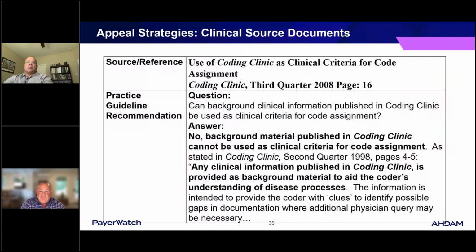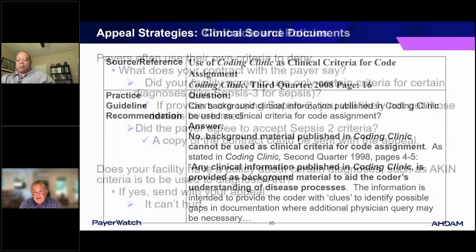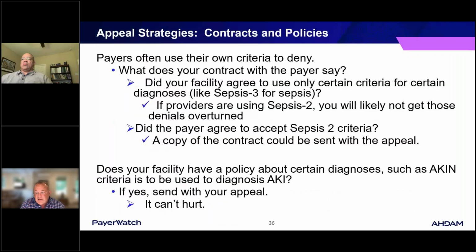Payers often will use their own criteria to deny. We're seeing some insurers that are now using what are called modified SOFA criteria, which take SOFA scores and then change them by removing the SOFA point for the infected organ, saying that respiratory dysfunction in a patient with pneumonia is expected because they have pneumonia.